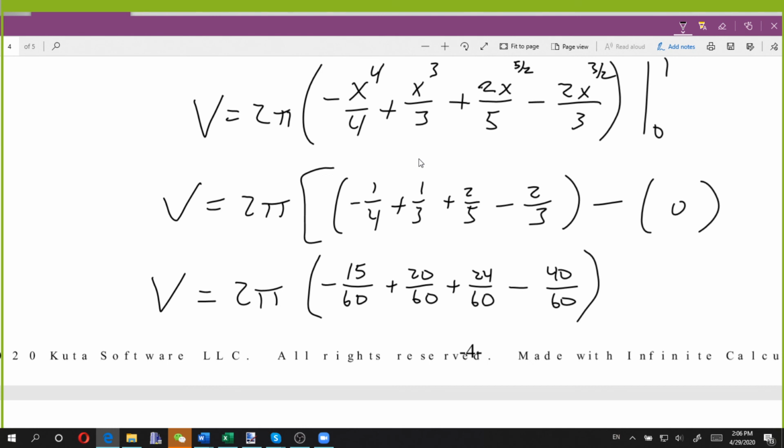Okay, so now I just need to add straight across and then multiply by the 2 pi, and then we're done.